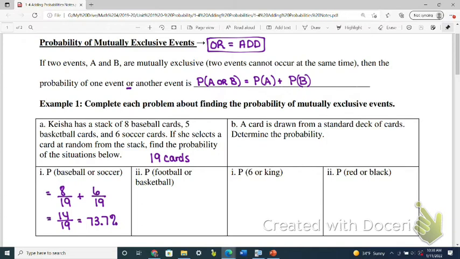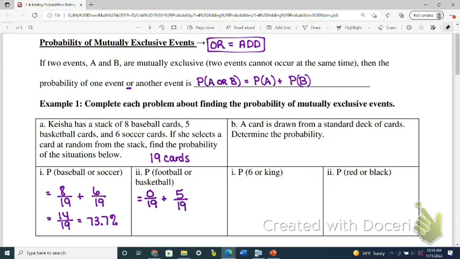Number 2, football or basketball. Again, football and basketball are not the same thing. But if you look up here, she does not have any football cards. So the probability of football is 0 out of 19, plus the probability of basketball, which is 5 out of 19.